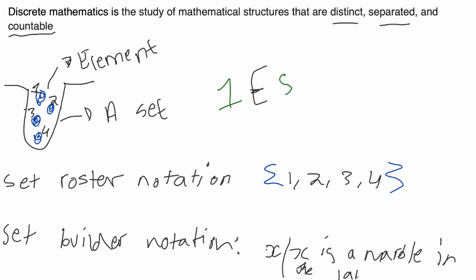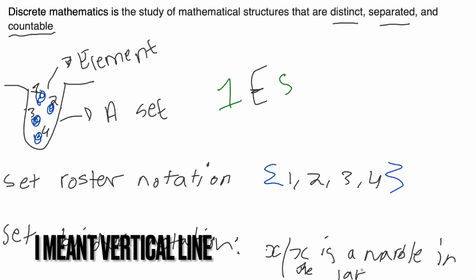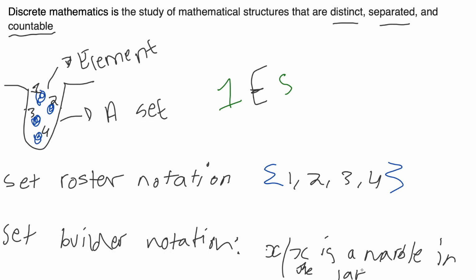Sorry for the handwriting, but... what this means is that X is a marble in the jar with a condition, with a rule. That's what this means. And so when you write that little horizontal line, it means such that. So you're saying X such that X is a marble in this jar, or X such that some other condition after that. That's what set builder notation is.